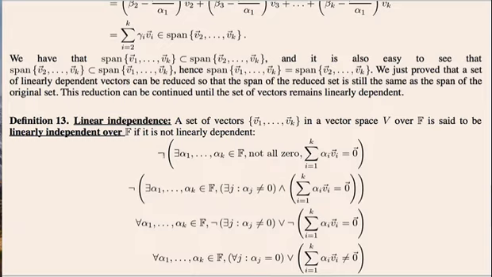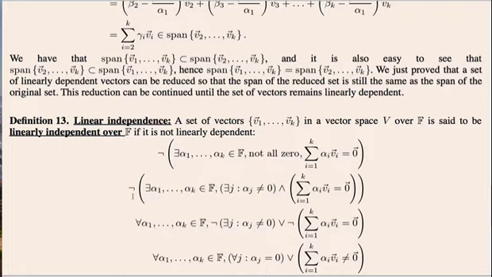That means it's not true that there are scalars alpha 1 through alpha k, not all zeros, such that the linear combination sum of alpha i vi, as i goes from 1 to k, is 0. Another way to write this part, that not all are 0, is that there is a j index such that alpha j is not 0, and that the linear combination is 0.